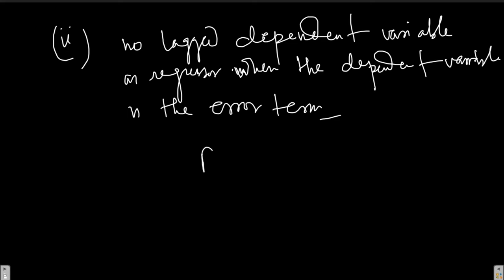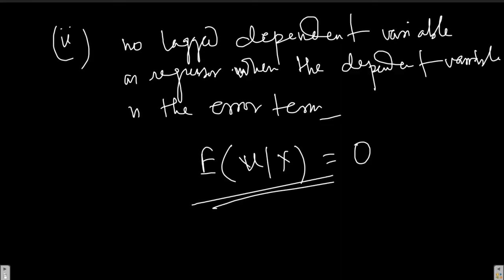We have seen the conditional mean of error term is written like this. So this condition may get violated, and I'll explain how this happens and why the inclusion of the lag dependent variable may avoid the violation.